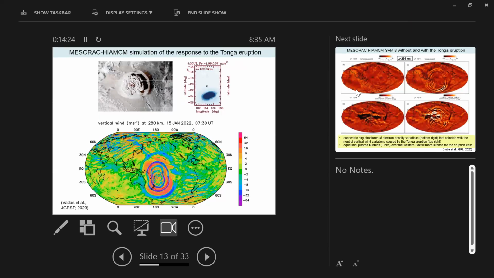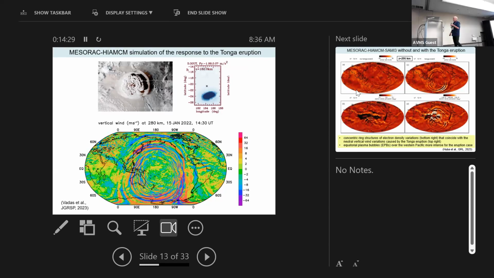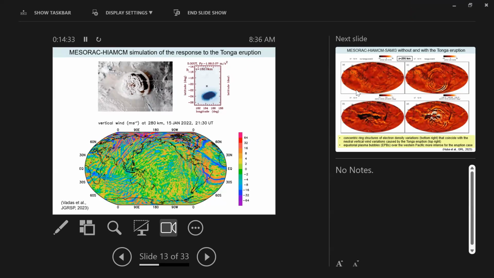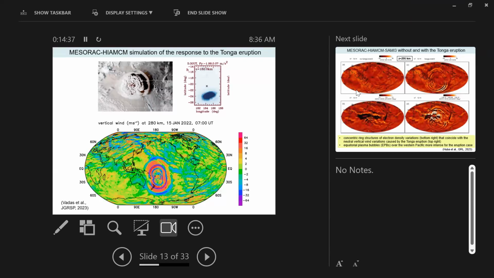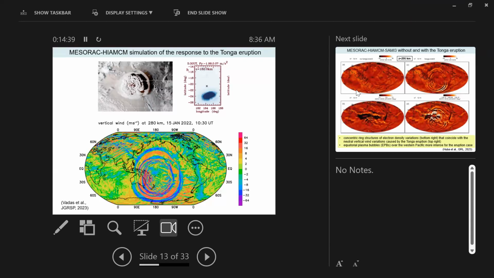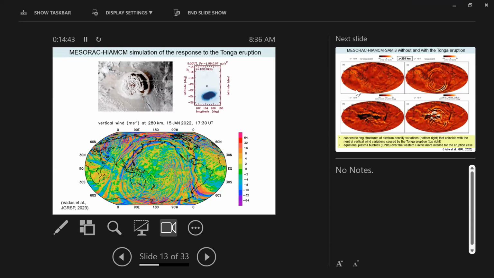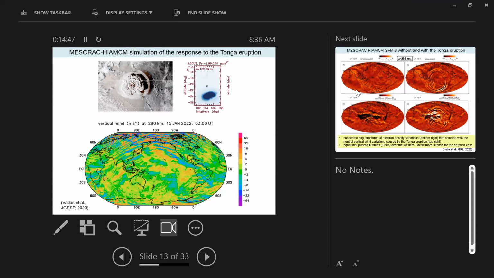This is the example of the Hunga-Tonga simulation, where we try to simulate the multi-step vertical coupling that was initiated by this volcanic eruption 1.5 years ago. And here we have to do something different because the updrafts of the volcano were so large and localized that you cannot resolve this in a global model.